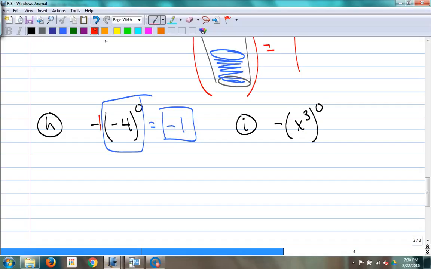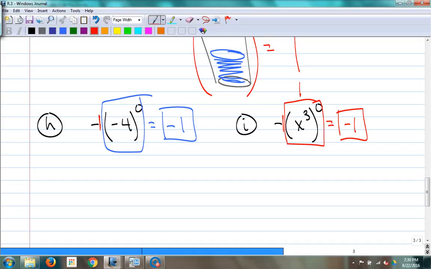What you want to think about is, oh, that's -1 times the next part. That's the key to that problem, is that -1 in front. And that would be -1. This part turns into 1, right? Because anything to the 0 power is 1. And then -1 times 1 is -1. And that's what that turns into.